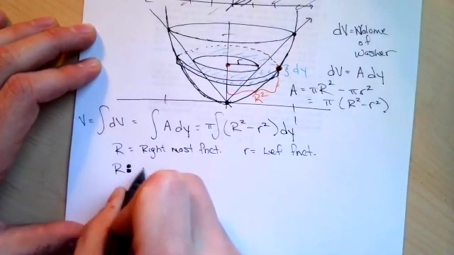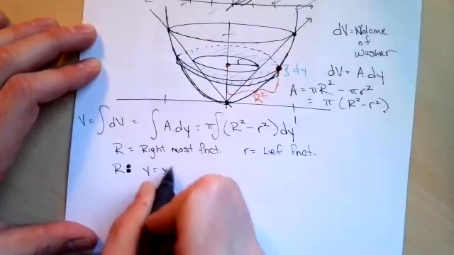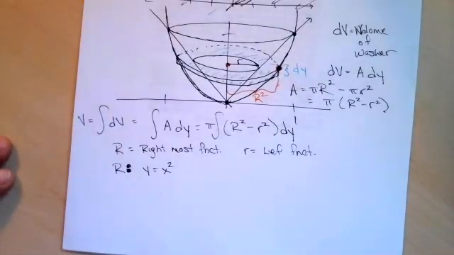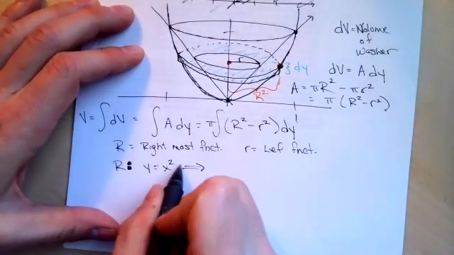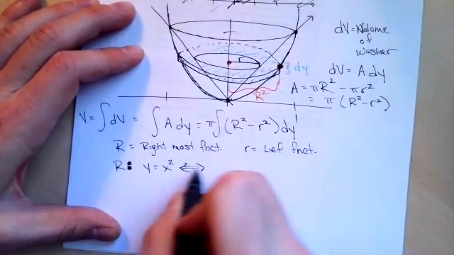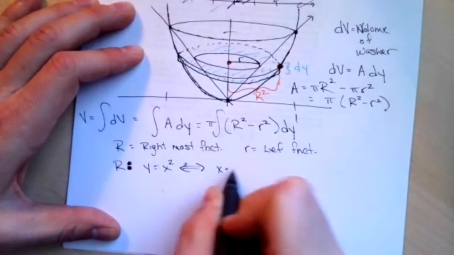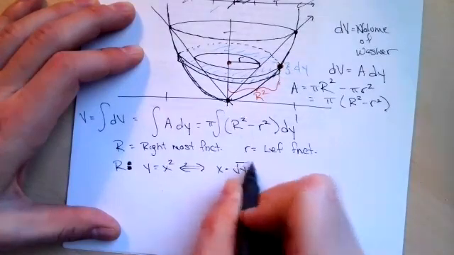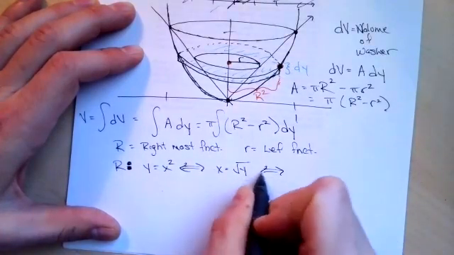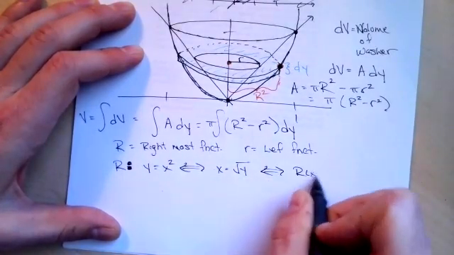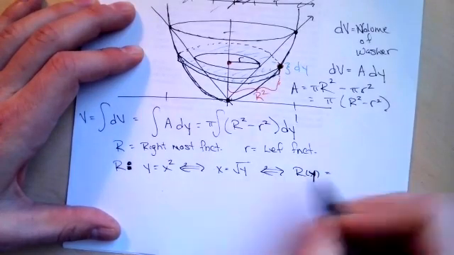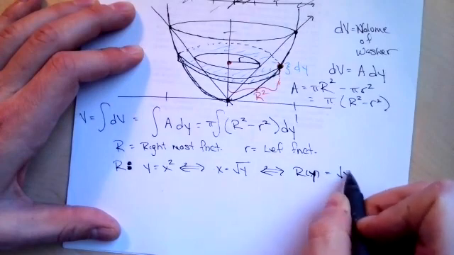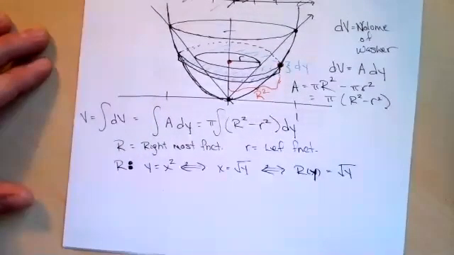We want to use the parabola, but what's wrong with the parabola in its current form is that it is solved for y. We need to solve for x because we need the function in terms of y. So x equals square root of y. So our big R as a function of y, since we are integrating with respect to y, gives us square root of y.